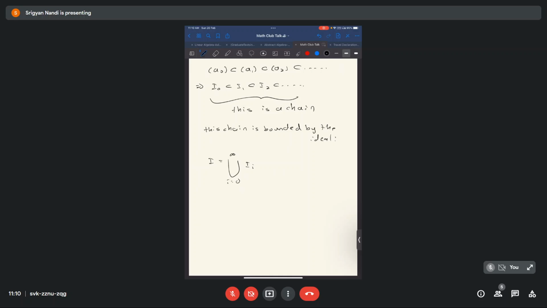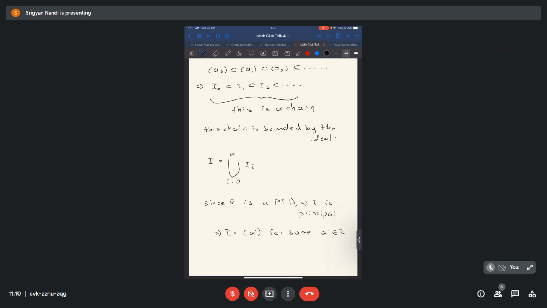It's bounded by this. And since R is a PID, that will imply I is principal, which implies that I is actually generated by a single element A', for some A' belonging to R.